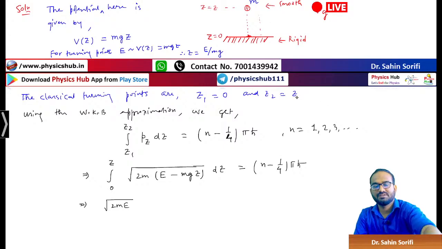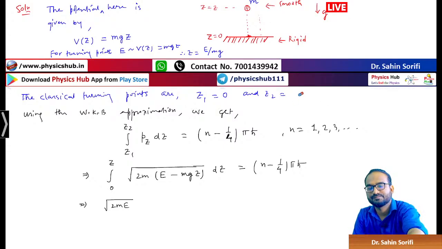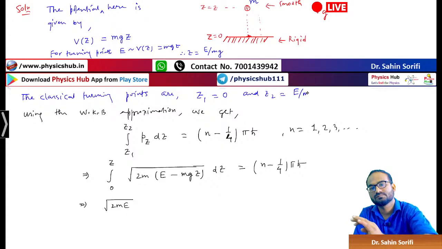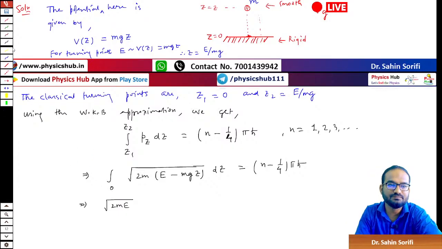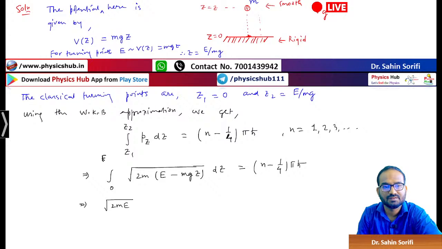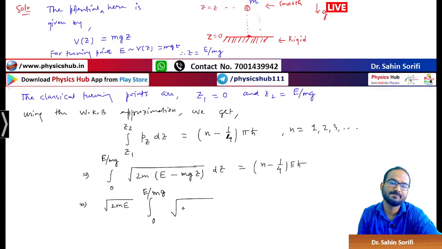So this will be E by mg, E upon mg, square root of 1 minus mgz by E dz.